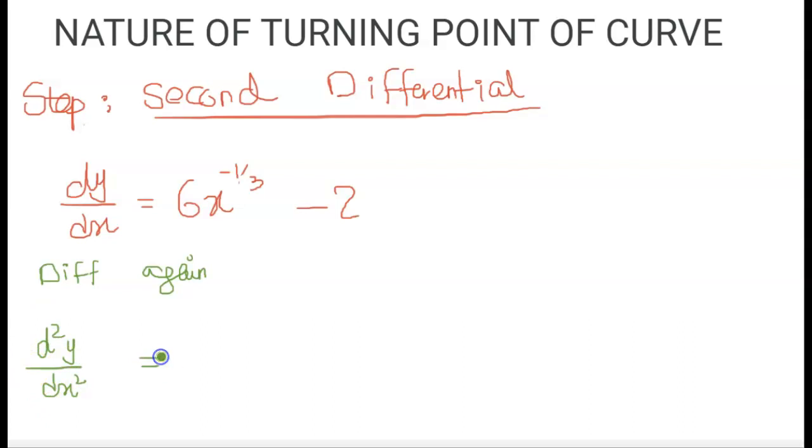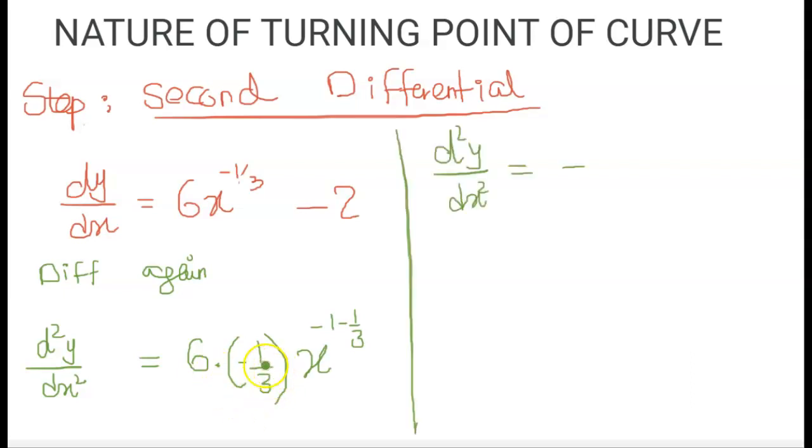And that will give you, the 6 is already outside, power minus 1/3 comes out, reduce the power by 1. So that will be x, and reduce minus 1/3 minus 1 is going to be that. And differentiation of minus 2 is 0.